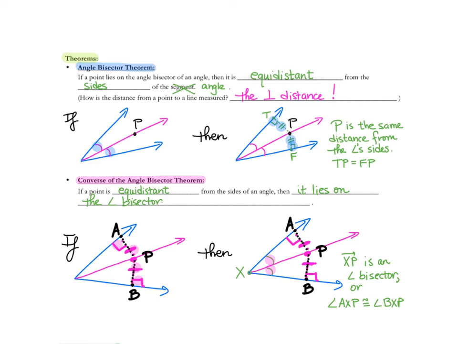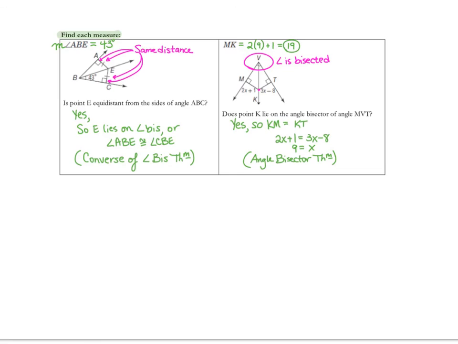Now again, pause the video for a second, look at those next two examples, and see if you can figure out which one is the angle bisector theorem and which one is the converse. In the first example, you're shown that the perpendicular distance from E to A and E to C is the same, which means that E is the same distance from the two sides of the angle.